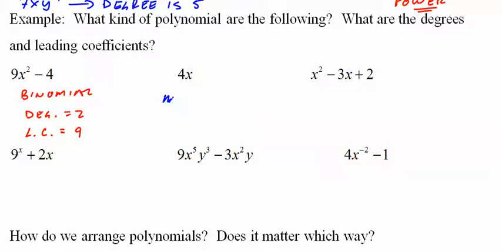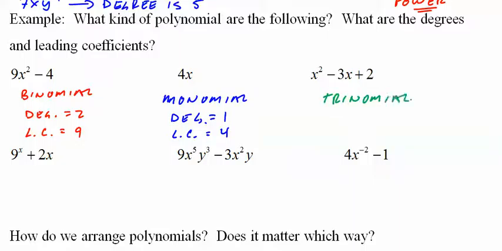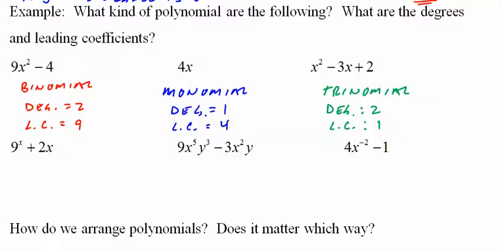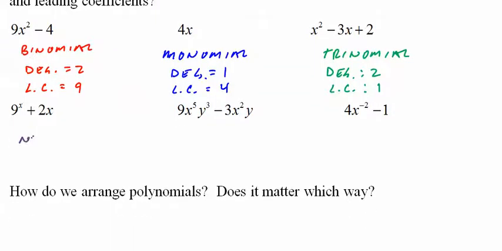Monomial, degree 1, leading coefficient 4. Trinomial, degree 2, leading coefficient 1. Not a polynomial.